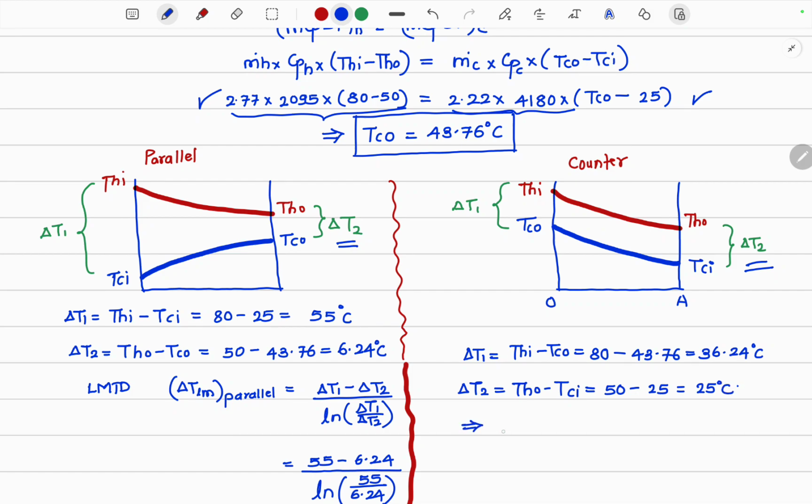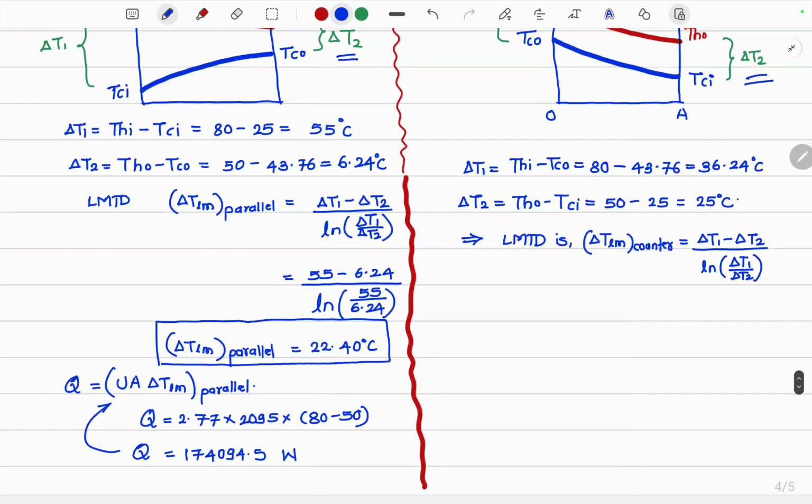So because of that, LMTD, delta T LM for counter flow, is delta T1 minus delta T2 divided by ln of delta T1 by delta T2.